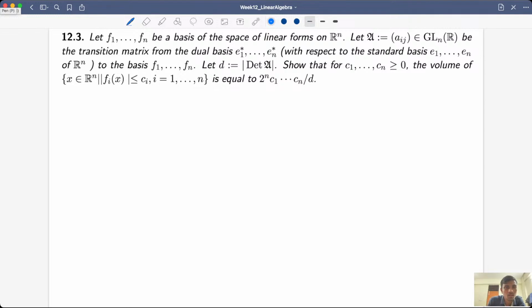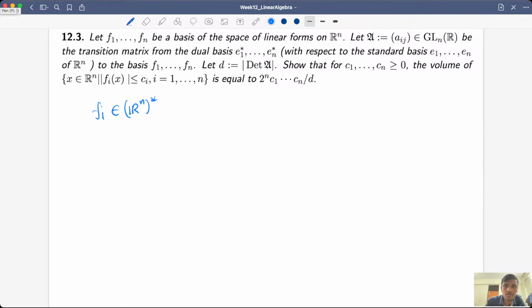That means the fi belong to Rn star, the dual of Rn, and e1 star, e2 star, en star are the standard dual basis with respect to the standard basis e1, e2, en of Rn. And this script A is the change of basis, the transition matrix for these two bases. And then the determinant D is the determinant of this transition matrix.